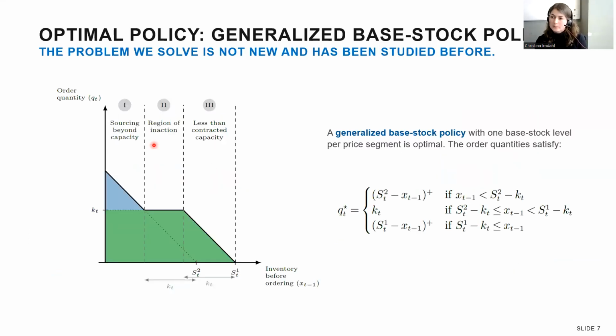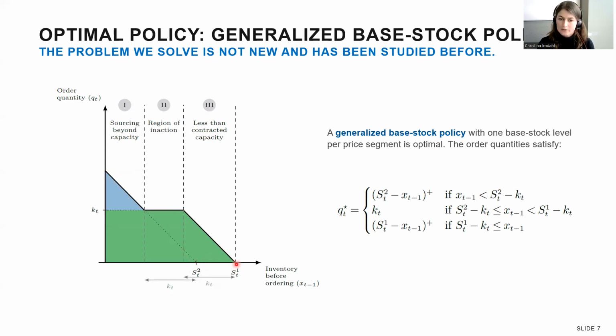And this inventory problem is not new. So we know that for this problem, the stochastic optimal policy has a generalized base stock policy structure. That means that the stochastic optimal policy has two base stock levels, a high base stock level, S1, and a low base stock level, S2. And the policy says that we order up to S1 if we have high inventory.